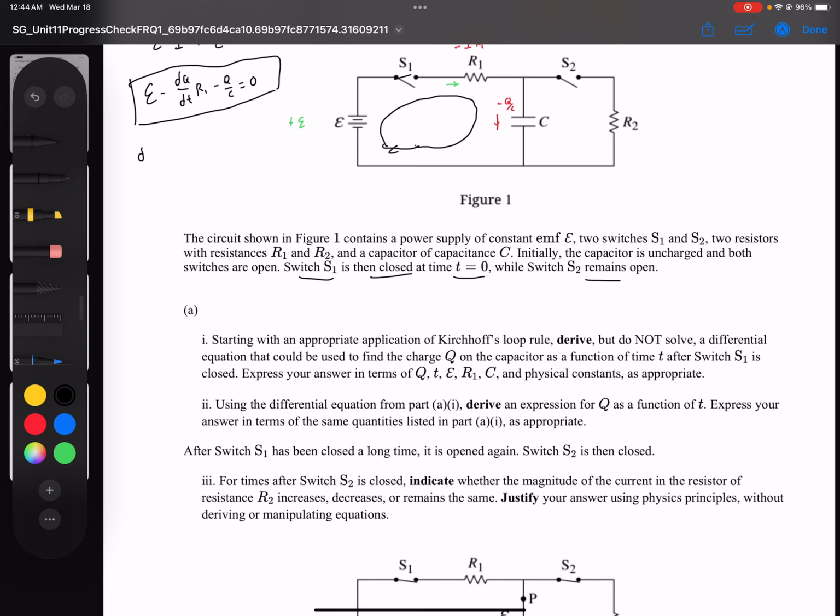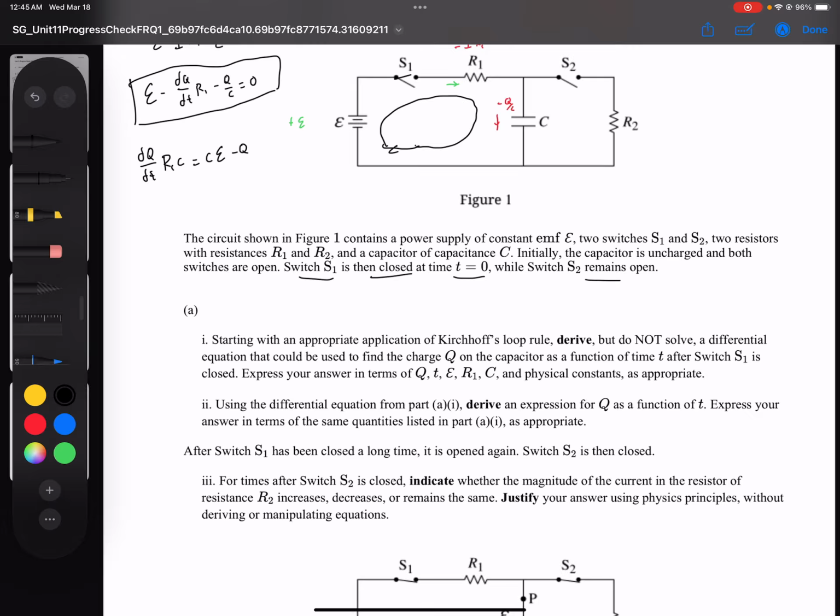So I have dq over dt times R1C, and that has to equal C times epsilon, the EMF of the battery, minus Q. Basically I multiplied everything by C, and then I moved everything around to end up with this expression.